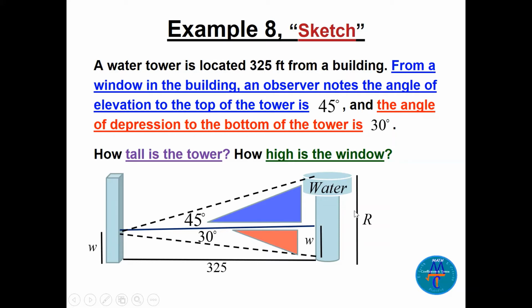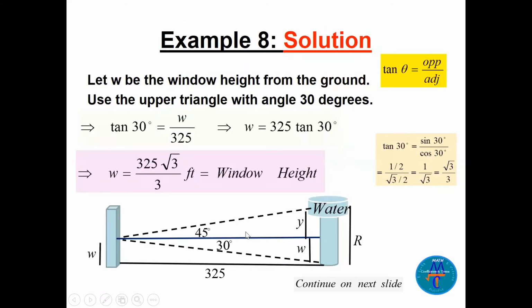And let R be how tall the tower is. Let's call it R. So we have now two right triangles. I put here small ones for the colors, but this is the whole triangle. This is angle 90 and this one is 325. So we start the solution now.